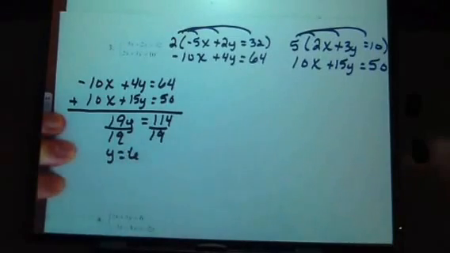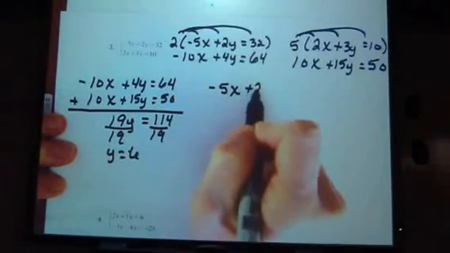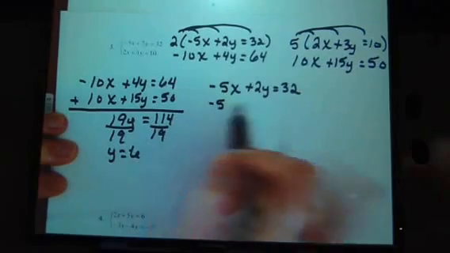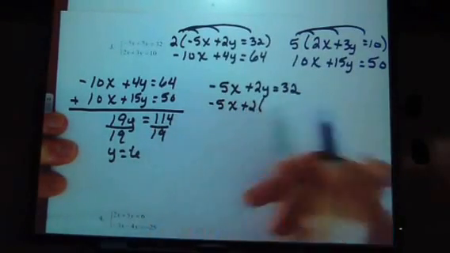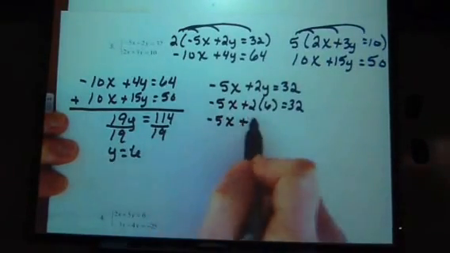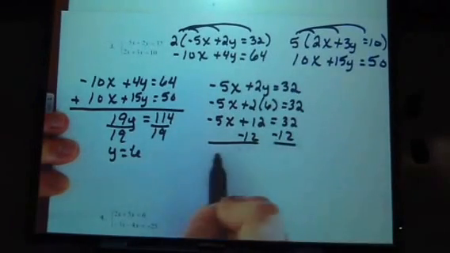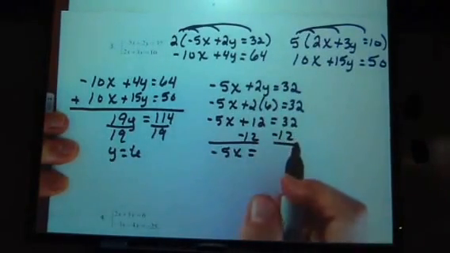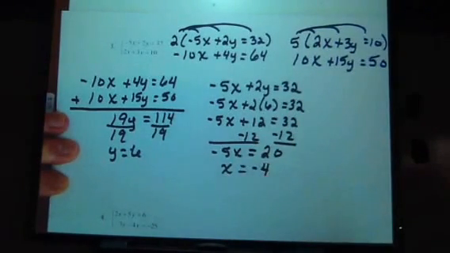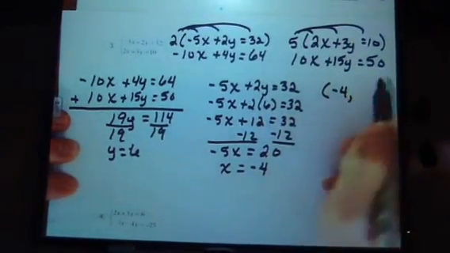And y equals 6. Then we go back to our original equation. Pick either one. I always pick the first one. And let's substitute in for y. Solve this equation. So my solution is negative 4, positive 6.